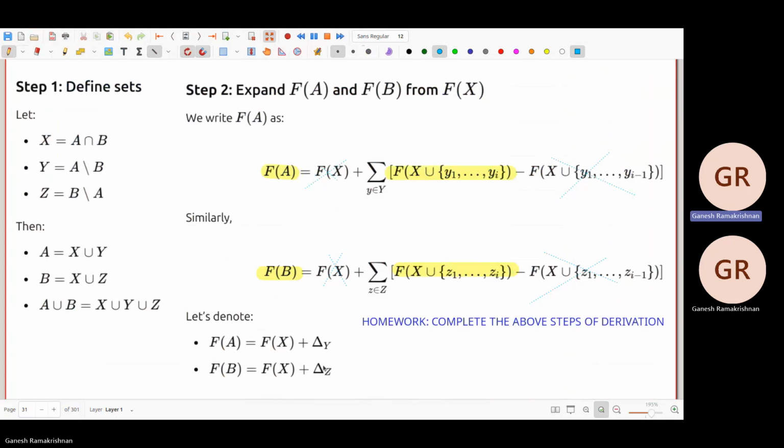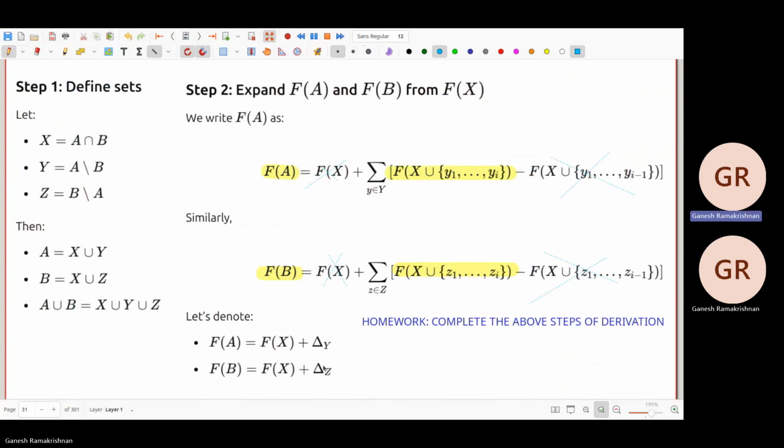There's each difference. Ultimately, most are getting cancelled out except for this one. But I wrote it in this form so that I can look at these differences from the lens of diminishing returns. Okay.